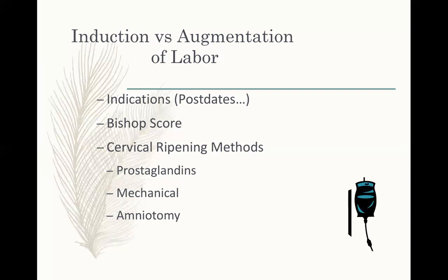And I know, for instance, at Kaiser, we don't do elective inductions at all. So if mom is not at least 41 weeks, we will not induce her. A risk factor, though, that can be utilized is AMA, advanced maternal age. So if mom's over 35, that counts as a risk factor to induce prior to 39 weeks.